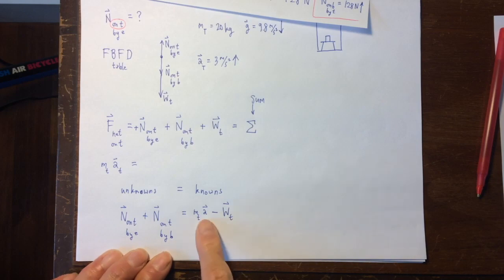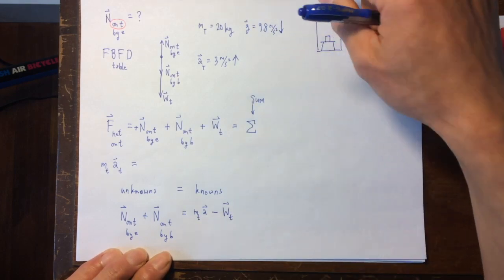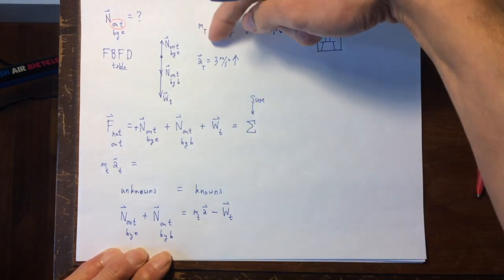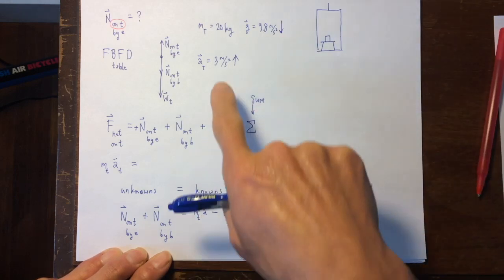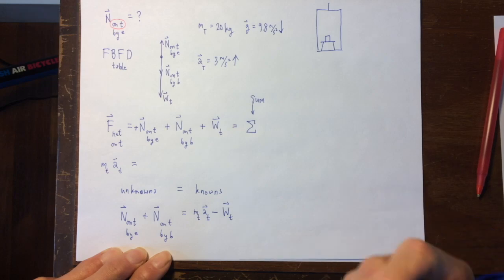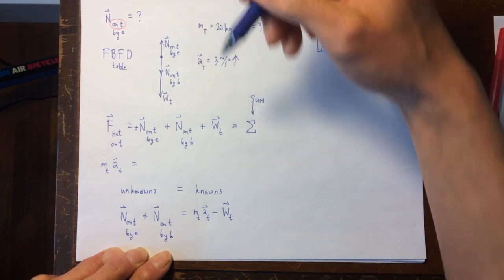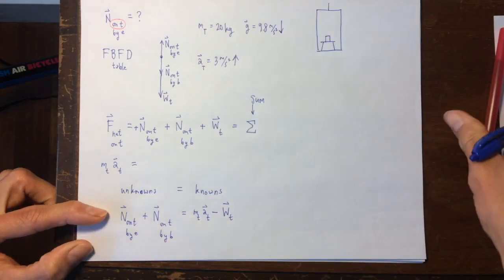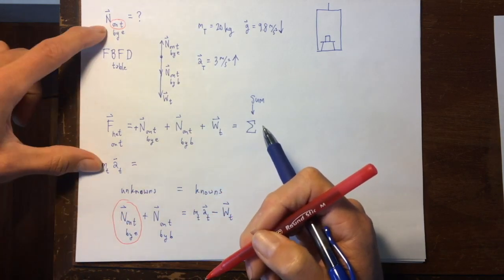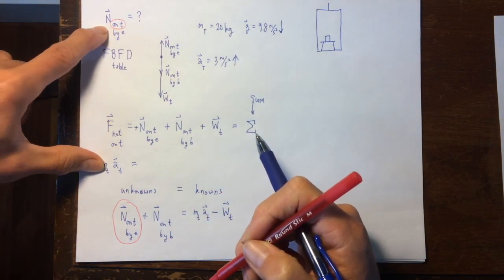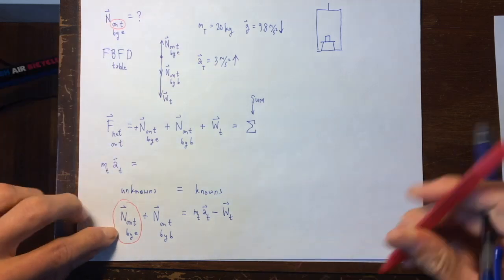Okay, so I've got knowns. I can calculate easily the weight of the table. Here it is. I can calculate easily the mass of the table times the acceleration of the table. Here's the acceleration of the table, mass of the table. I want to know this. This is the goal of my problem. What is the net normal force on the table by the elevator?